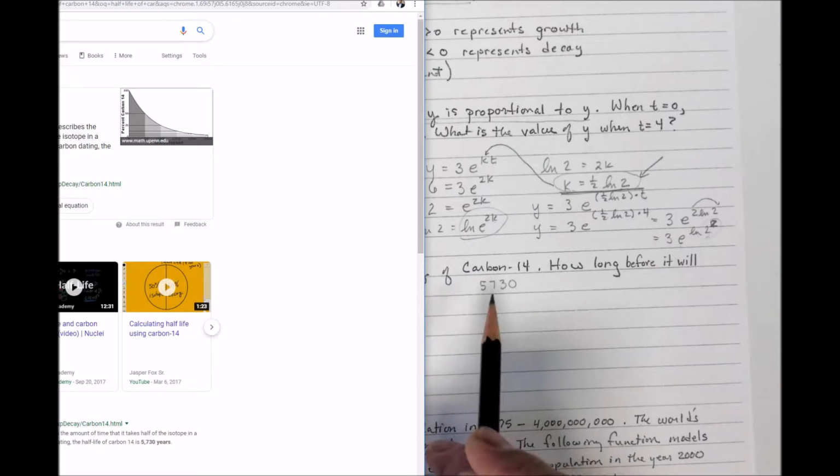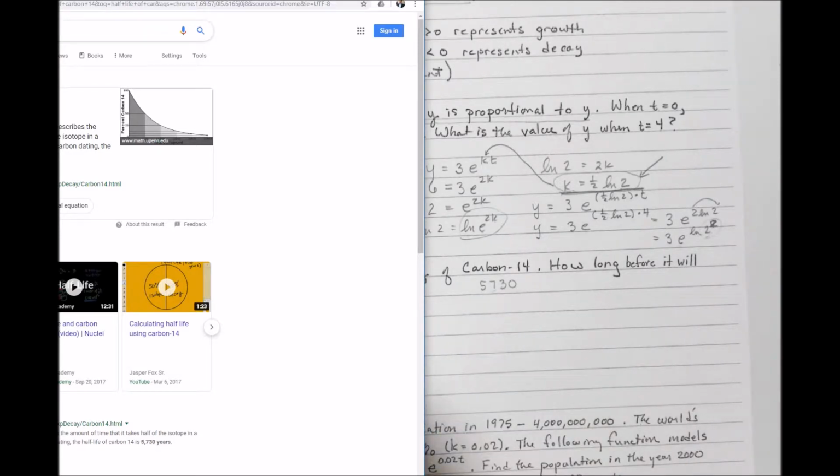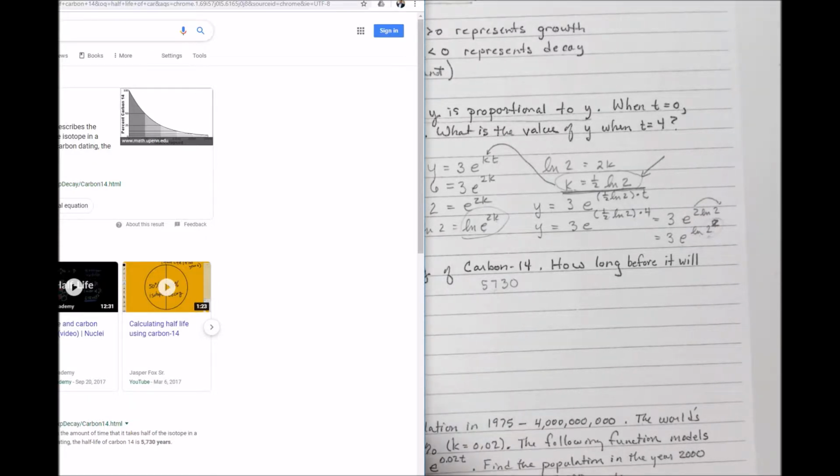But I need this to figure out k, because if I have 5,730 years, that means I'm going to have 50 grams of this stuff. 5,730, there we go. And I'm going to divide both sides by 100. So I get 1/2 equals e to the 5,730k. I'm going to take the natural log of both sides.